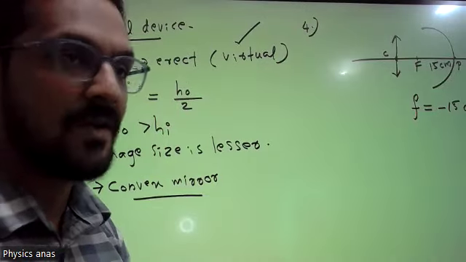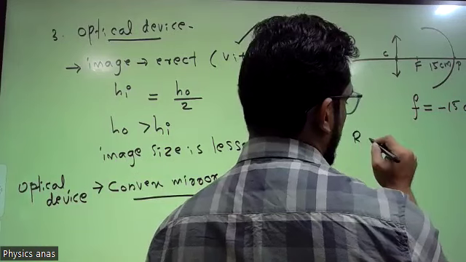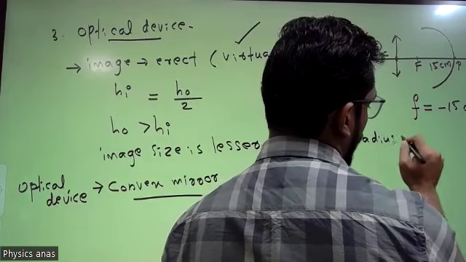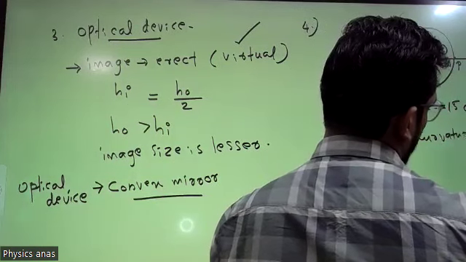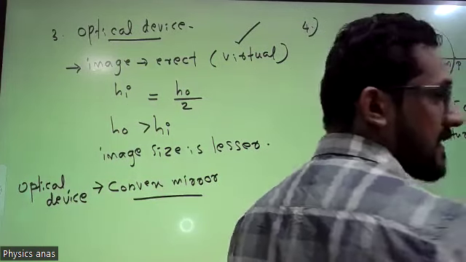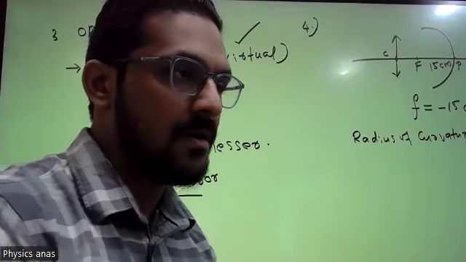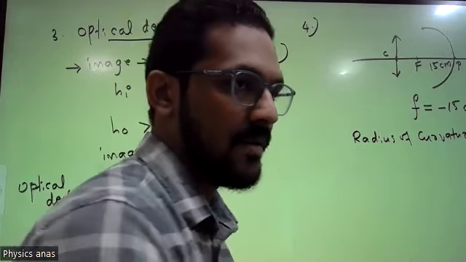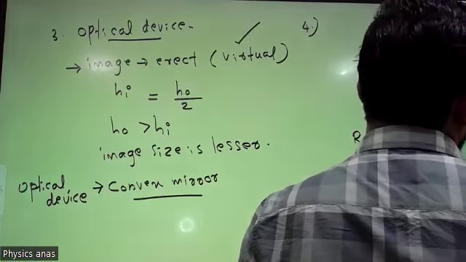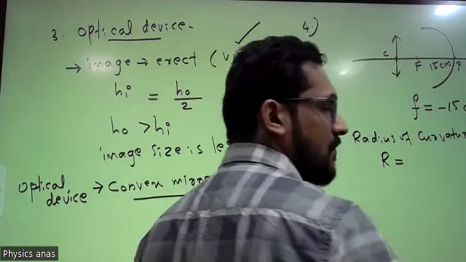Is that okay? We have another idea, radius of curvature. What is the radius of curvature? Radius of the sphere of which the mirror is a part. The radius of curvature is R. Then what is the relation between radius of curvature and the focal length?